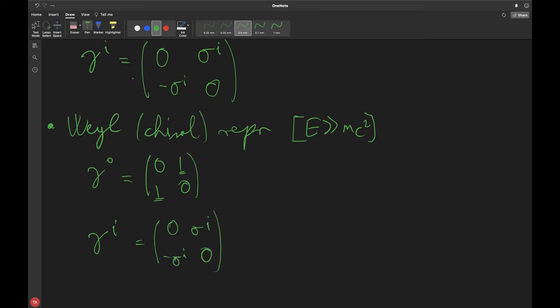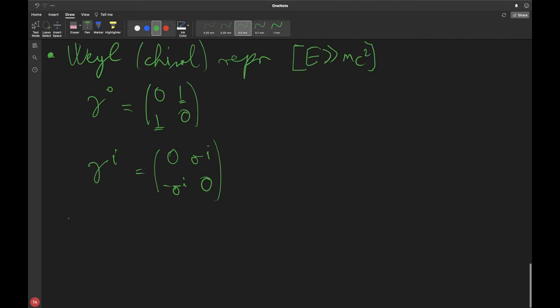So that's actually the same as in the Dirac representation. And then we could say that the Pauli matrices are the sigmas, sigma i.